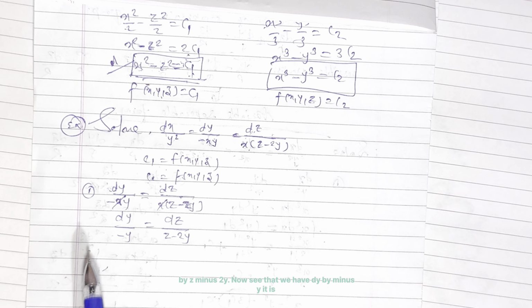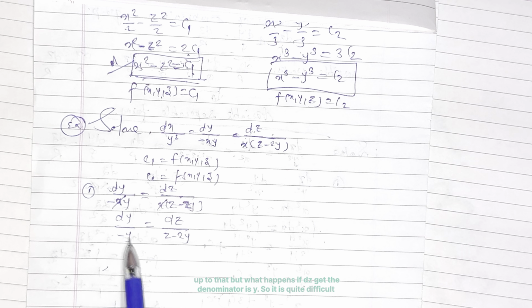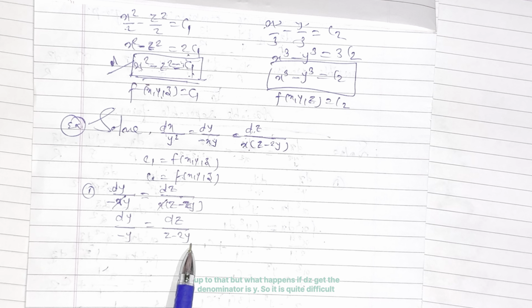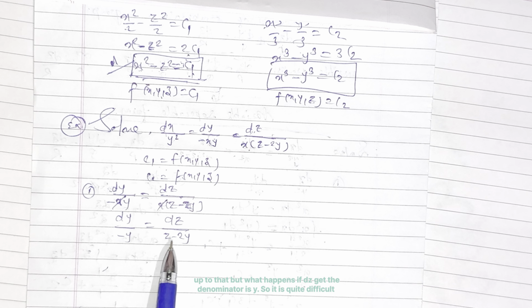Now see that we have dy by minus y, it is okay up to that, but what happens if dz has y in the denominator? It is quite difficult for finding the variable separable form. So in such a case, we try to remove that y from here. For that we have to go for some adjustment in our simultaneous differential equation.